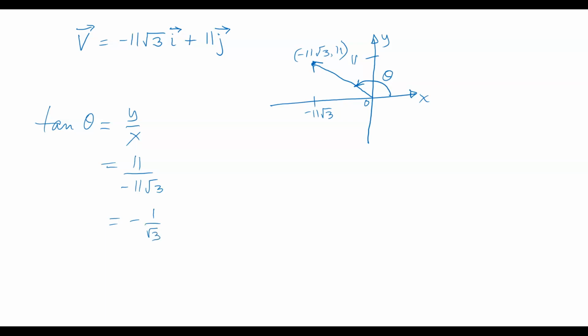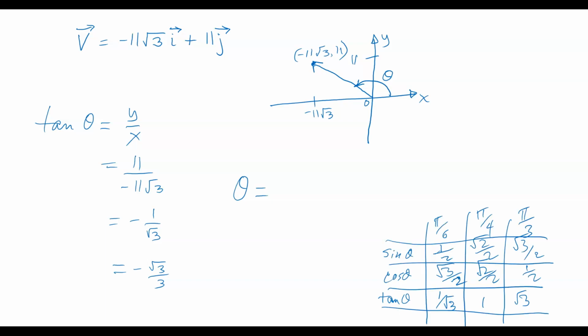If you were to rationalize that, you would end up with negative square root of 3 over 3. If you recall, the tangent of theta equal to negative square root of 3 over 3 means that theta, the angle, has to be related to pi over 6.